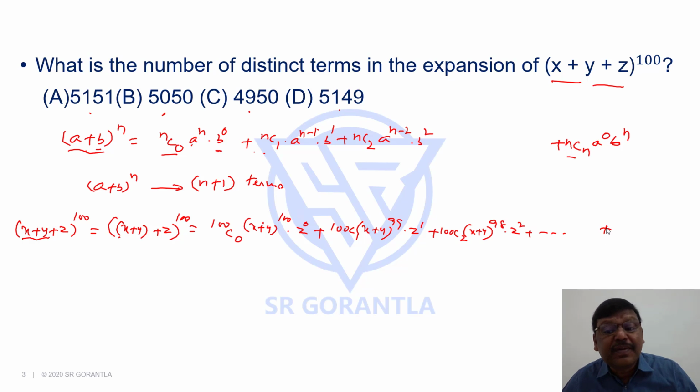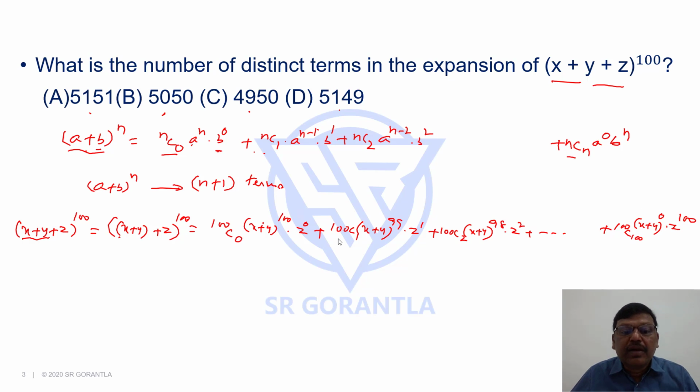What will be the last term? It will be 100C100 into (x + y)^0 into z^100. Now 100C0 is 1, z^0 is also 1, but this (x + y)^100, if you try to expand it using this formula, how many terms will it have?